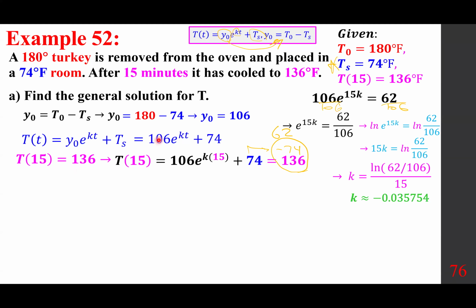So going back to this one, T of t is 106 e to the power of kt, replace the k, plus 74. And that's the general solution. I hope you see it's not difficult, but it involves quite a few steps and logs and logarithmic properties that you should be fairly comfortable with.